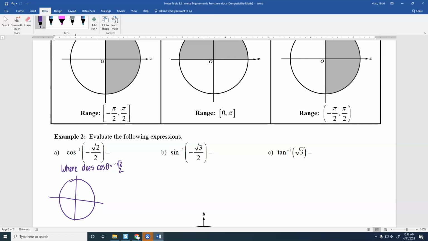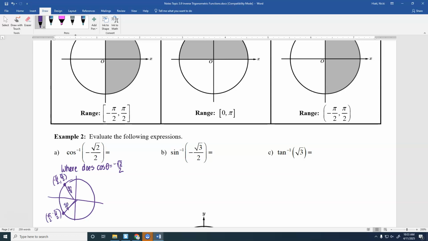Cosine is my x-coordinate. Right here, I get negative root 2 over 2, and the y-coordinate is positive root 2 over 2. Right down here, I would also get negative root 2 over 2 and negative root 2 over 2. So I've got both of these places, which are 3 pi over 4 and 5 pi over 4.